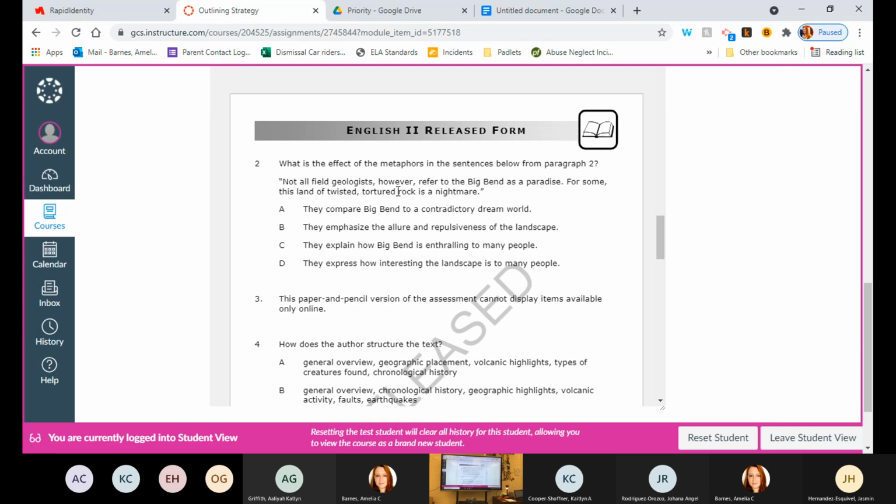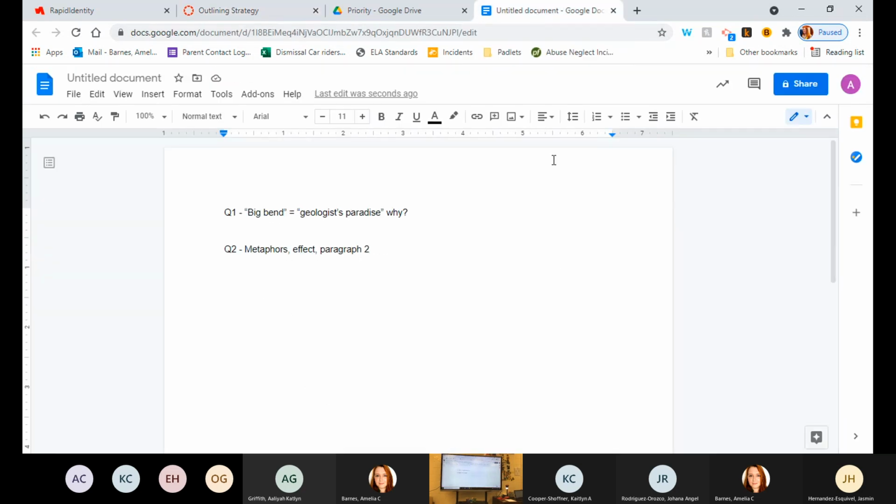For some, this land of twisted, tortured rock is a nightmare." Right, so that's the metaphor part, calling the land a nightmare. And it wants to know what the effect of that is in paragraph 2. So when I get to paragraph 2, I'm going to look at that sentence more carefully.